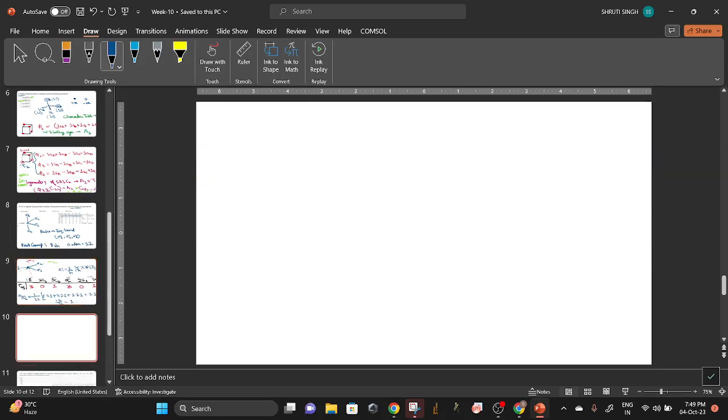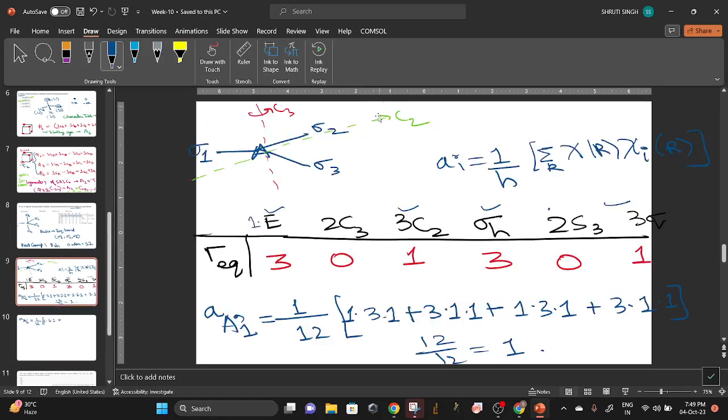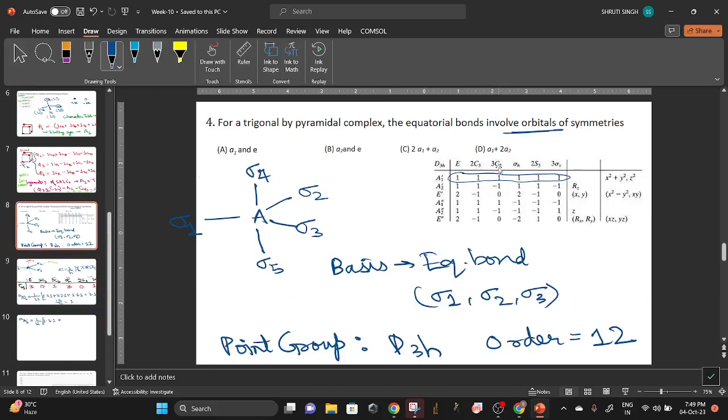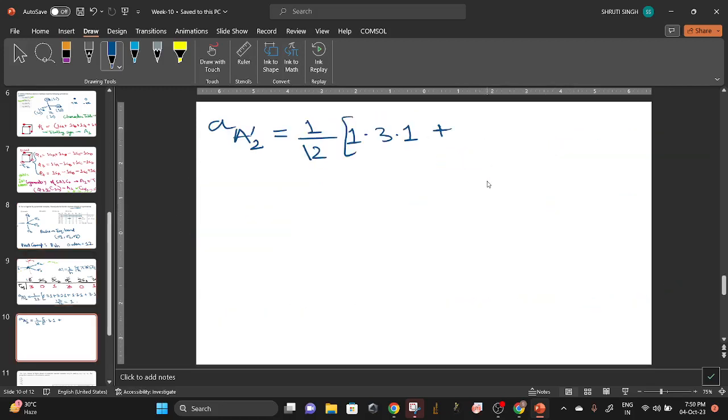Next we have the contribution of A2 dash. So 1 by 12, 1 into 3 into 1. For A2 dash, where is the change? For C2 there is negative and for sigma v there is negative. All others are 1. So let's write. C3 I am not writing.